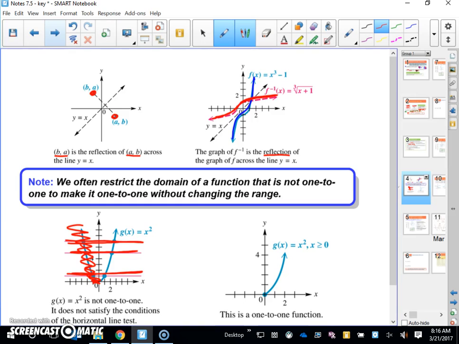We're only going to look at just half of the graph, the right side of it, and if you only look at the right side, now it's one-to-one. That's going to be really important for us as we look at trig functions.